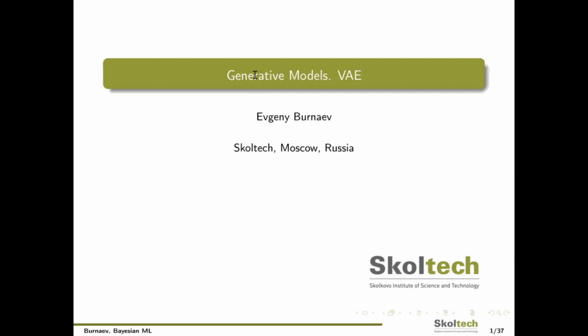So I think it would be a good idea to talk about them during the course on Bayesian and probabilistic models in machine learning and deep learning. And it will be another chance to see how we can treat more complex models with our probabilistic framework. So let's see how it looks.